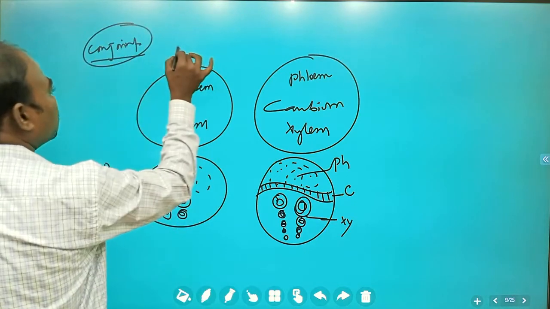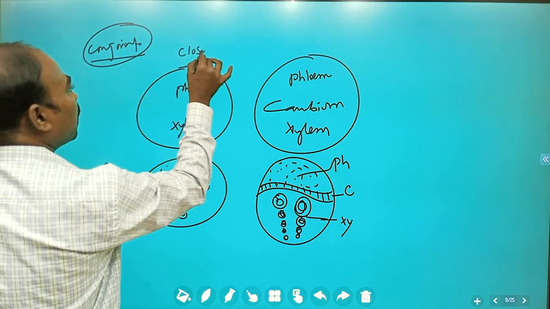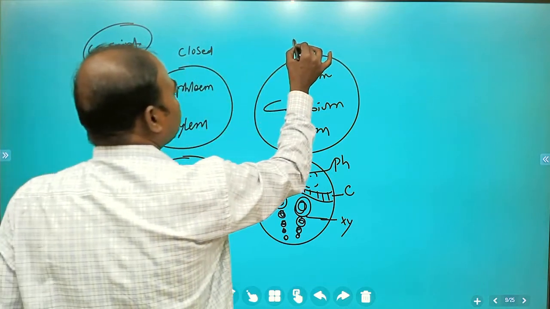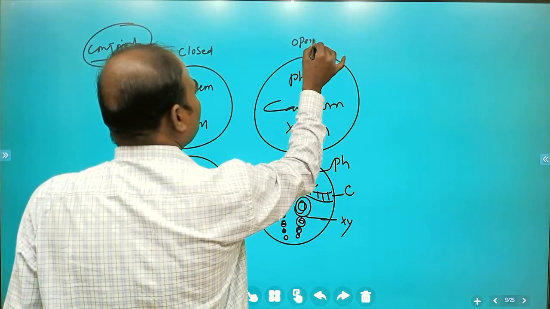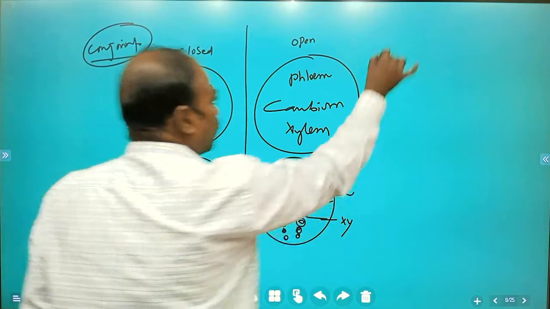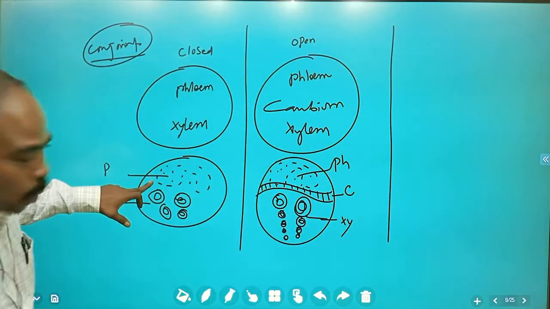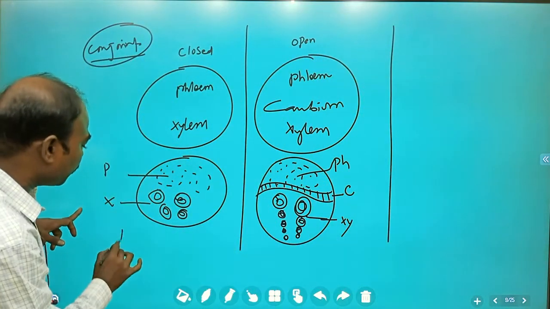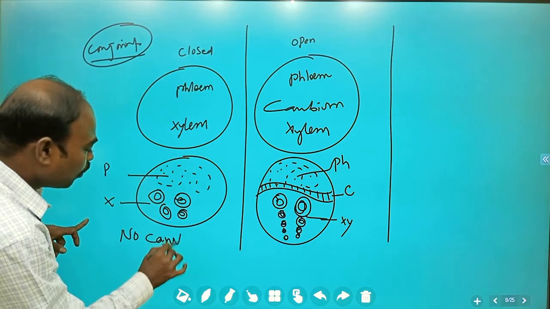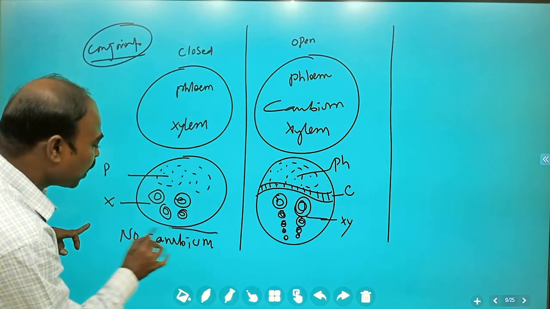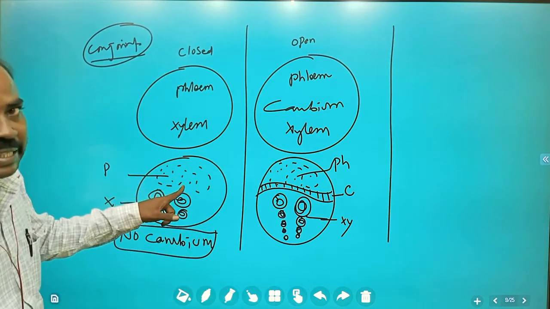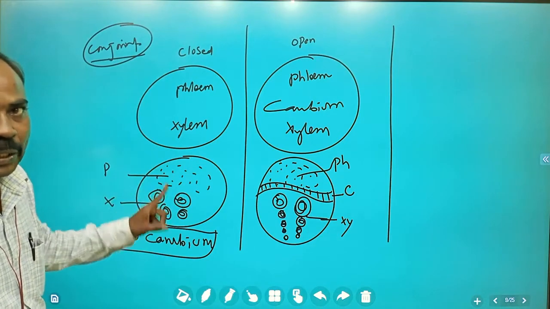These conjoint bundles without cambium are called closed bundles. This one is a conjoint open bundle. Conjoint closed means no cambium. Because of the absence of cambium, these bundles cannot participate in secondary growth.